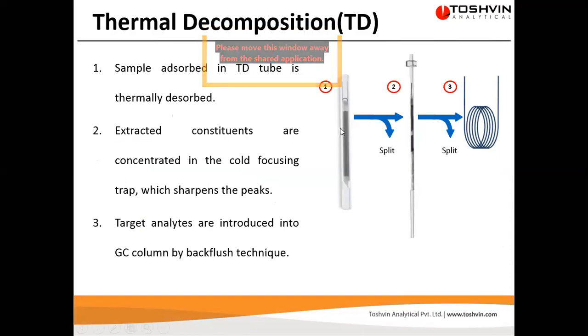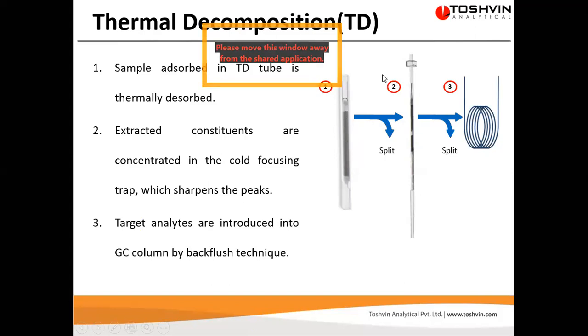The next step will be to heat this tube so that the volatiles adsorbed on it will get desorbed. Again, ahead of it there is another adsorbent tube, so whatever vapors form will again get adsorbed on this. Again the same process, I'll heat that, and the vapors forming from that will get injected onto my column.